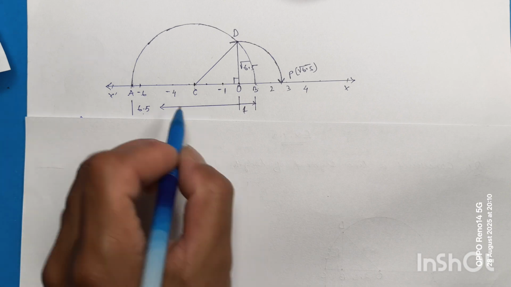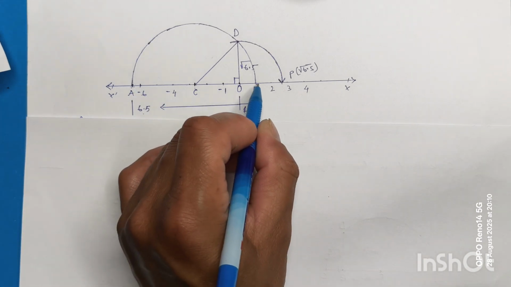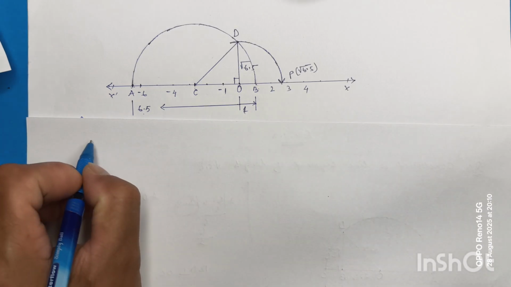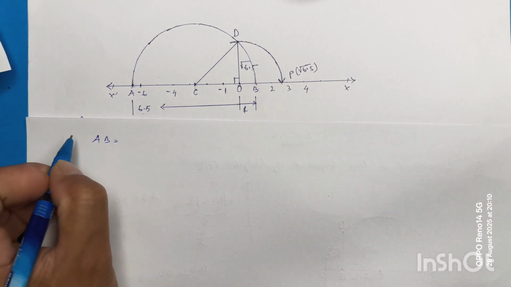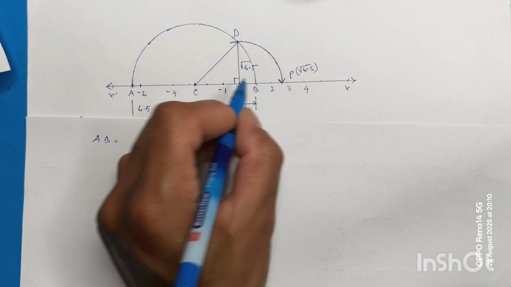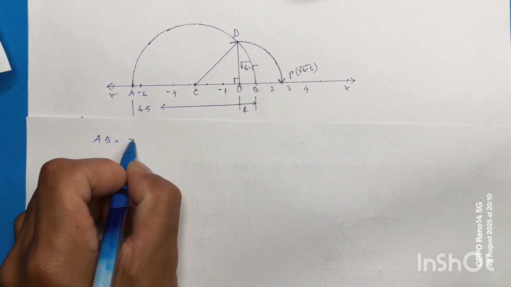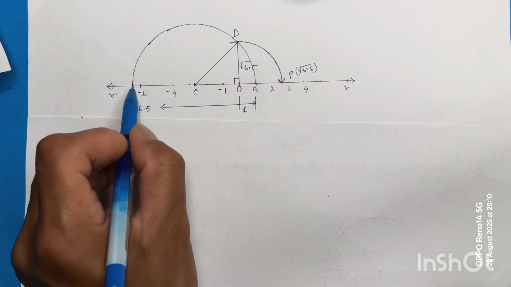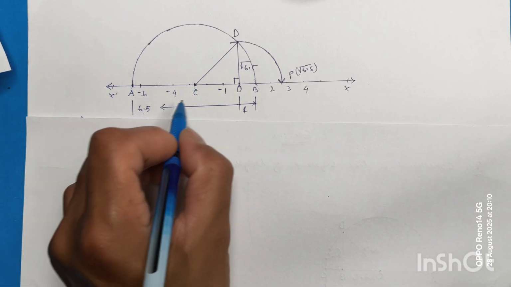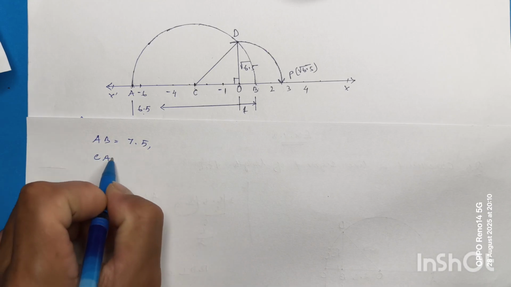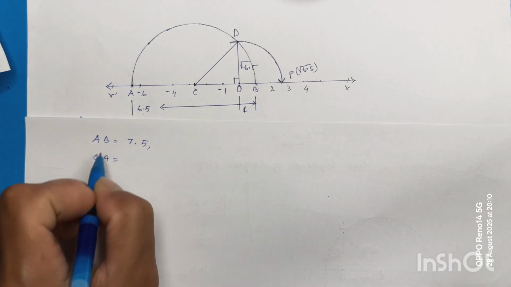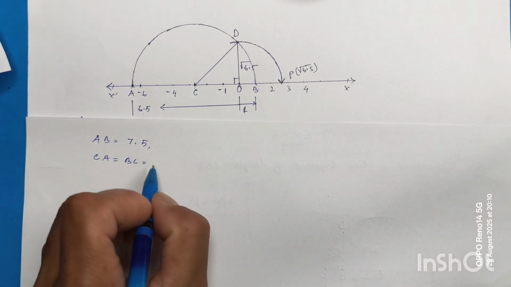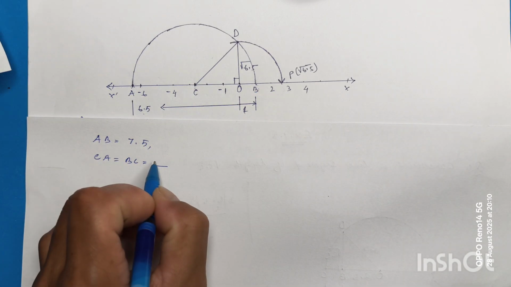Here let us say AB equals, before we got 7.5. Now AB's middle point is C. That means CA and BC are each half of AB.